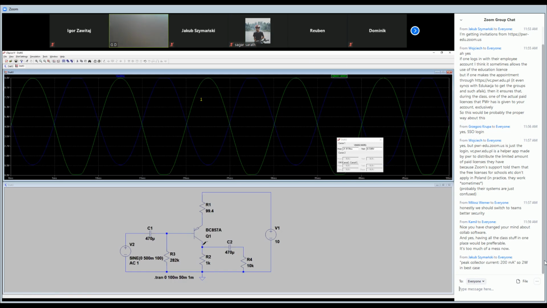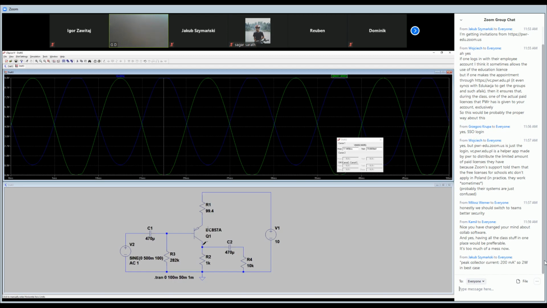Okay, let's go to the minimum value. All right, for this transistor, in fact, for the low current, this is 70 millivolts. That is the saturation voltage. What does it mean? It is the saturation of the transistor.